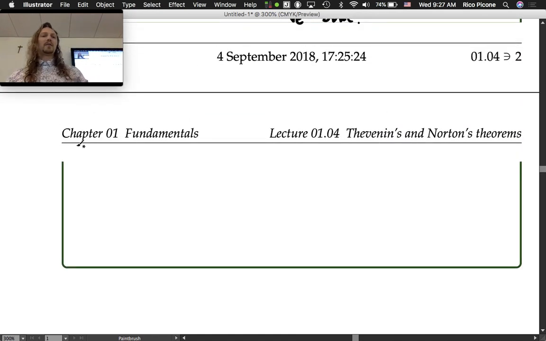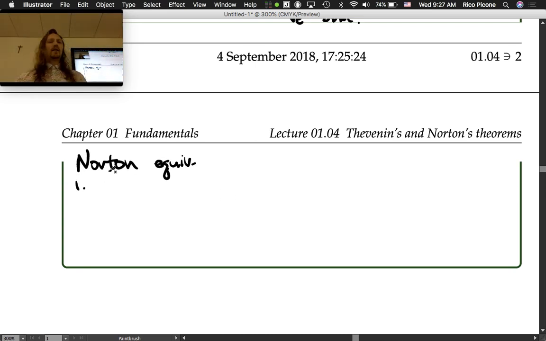When I originally wrote up this problem, I did the shortcut here. But I think it's worth going through. Okay, so step one for the Norton equivalent, we have to find RE, right? But we already have RE. So we don't need to redo that. It's the exact same.